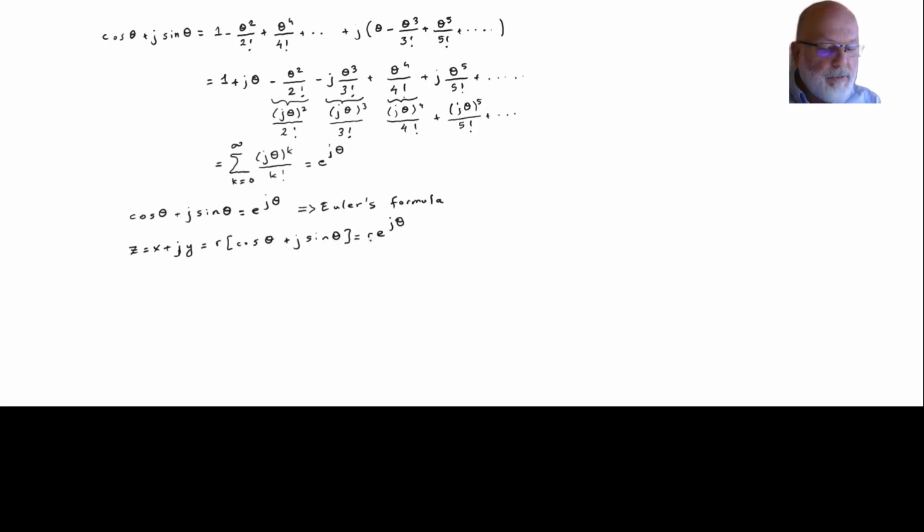It's called the polar representation because r is the square root of x squared plus y squared, and theta is the angle which is tangent inverse of y divided by x.